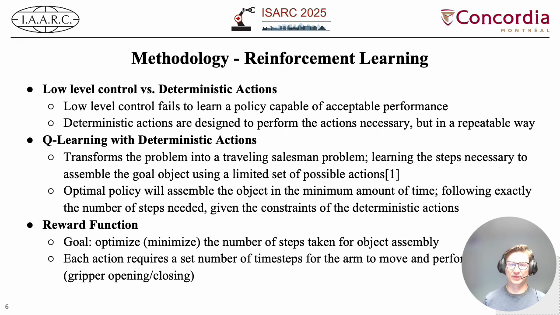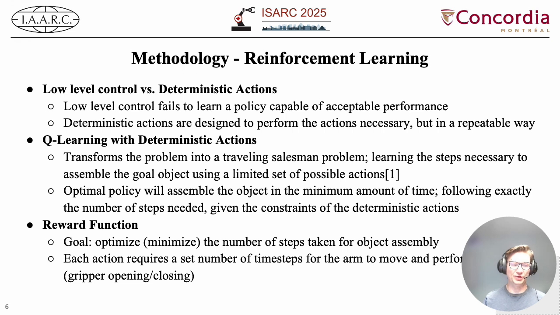Deterministic actions, on the other hand, where the action is essentially pre-programmed, we found to work much better. Using a small subset of possible actions as deterministic, meaning the algorithm doesn't need to learn every single movement, we were able to use Q-learning.